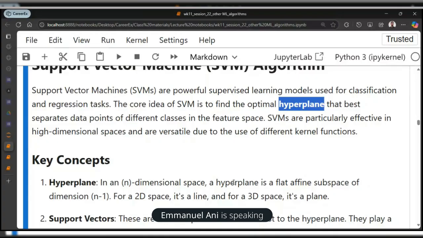So if you have a 10-dimensional data set, how many dimensions will your hyperplane be? Based on the explanation I just gave, if you have a data set that has 10 features, how many dimensions would the hyperplane be?